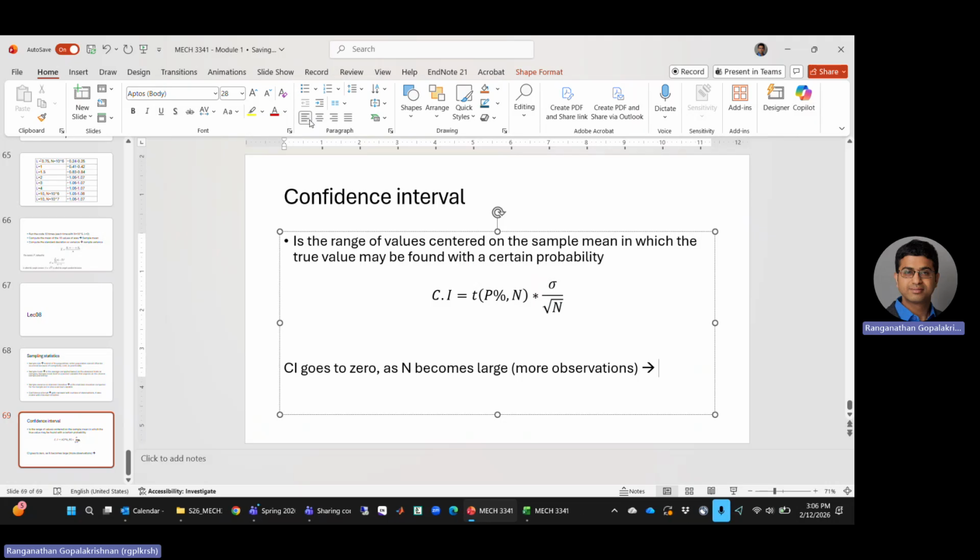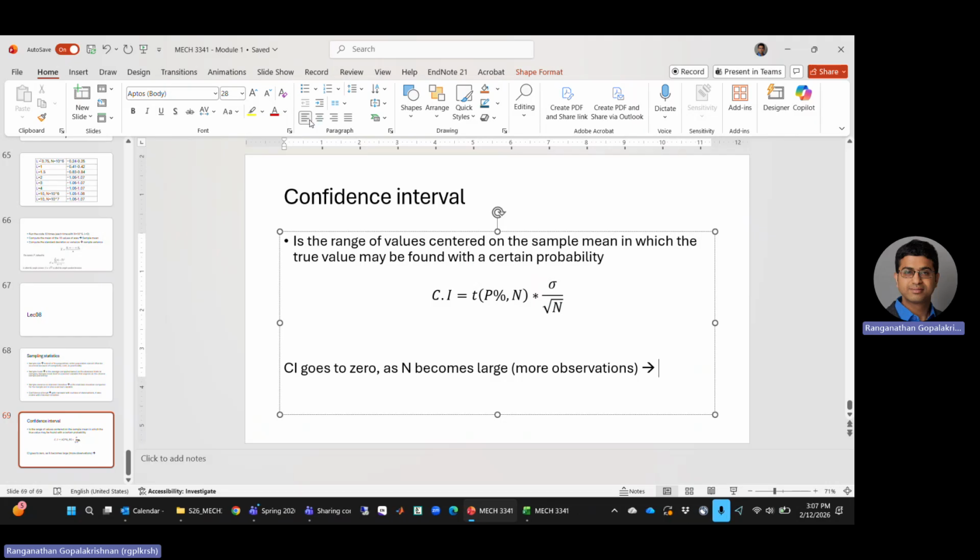Based on the definition, if CI is 0, what does it tell you about the sample mean? Yes. We have more confidence, meaning the range around the sample mean is narrower and is likely to contain the true value. It converges to almost a point which gets you closer to the truth, ever so closer.